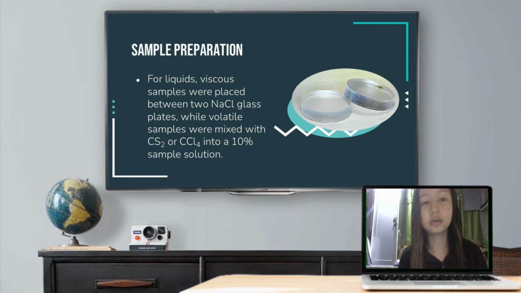So, in preparing liquid samples, the plates were cleaned with dichloromethane first, then a small amount of the sample was dropped between them. The application of sample was done in a sample holder, and this holder also secured the plates. For a volatile sample, it was first mixed with carbon disulfide or carbon tetrachloride into a 10% sample solution before it was placed inside the glass plates.